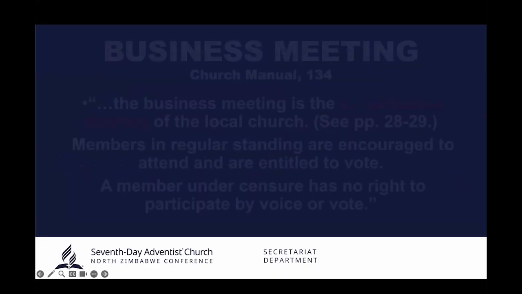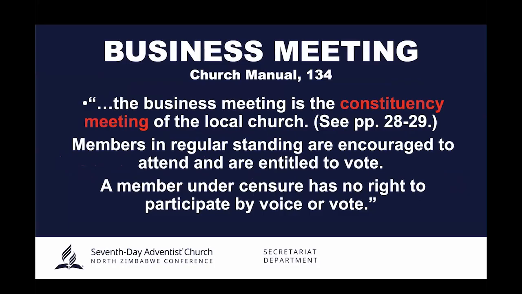Then you also realize that according to page 134, the business meeting is the constituency meeting of the local church. This is how the church manual describes the business meeting. So I was trying to think in this manner: if the business meeting is the constituency meeting of the local church, then just like we do constituency meetings or sessions at conference level, and every one of us is aware that at the union, Dr. Msara hinted this, end of year, that is 2025, there is going to be a session or a constituency meeting.